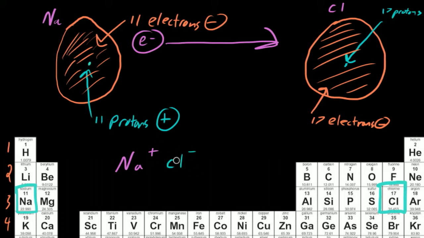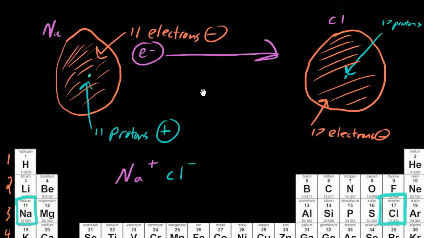We don't have to write the 1 in front of the plus sign or the negative sign. If the charge is just 1, we can leave the 1 off and just write either a plus or a minus. Don't worry, I'll talk much more about the notation of how we write charges on ions in the future.